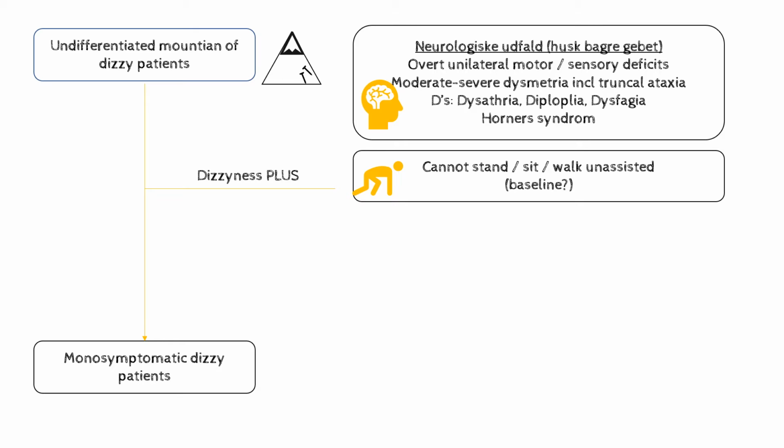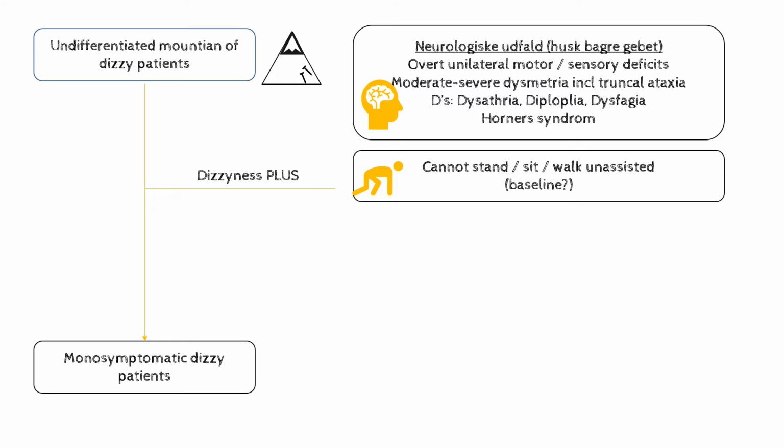That's all right. But if they are severely, when you do a finger test, or you do other dysmetric tests, especially if they have truncal ataxia, meaning that if they sit with their arms crossed around their chest and they cannot sit without assistance, then it's important to treat them as a stroke, no matter what the HINTS test tells you.